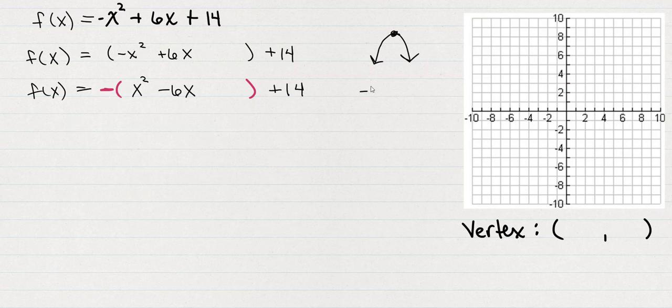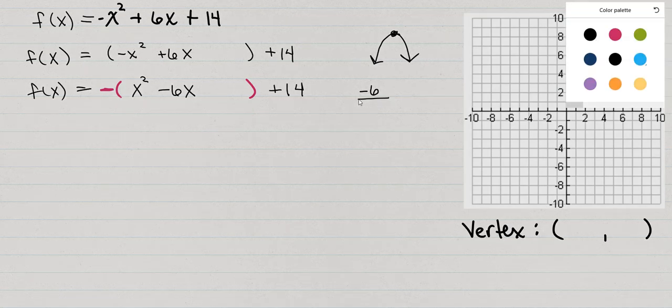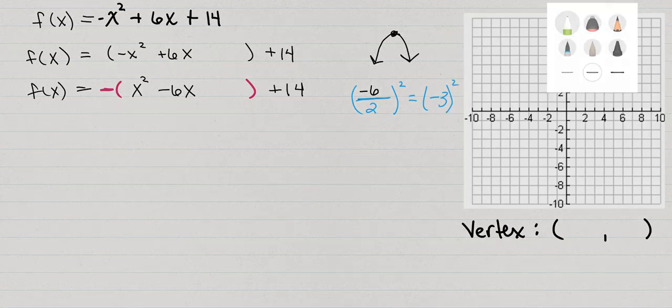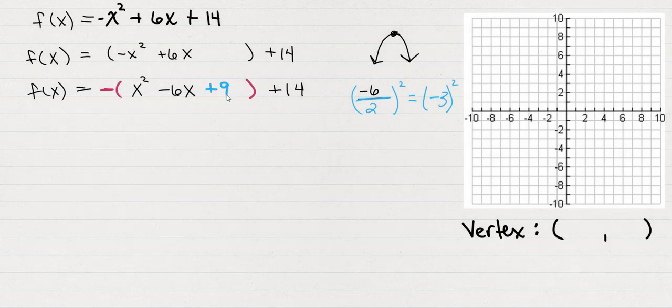Next, for completing the square, we're going to take that b term, the coefficient of x, the negative 6, and to complete the square, we take that negative 6, cut it in half, and square it. When I cut the negative 6 in half, I get a negative 3, and when I square negative 3, negative 3 times negative 3, I get a positive 9. So I have just added a 9 inside these parentheses, but really it's the opposite of 9.